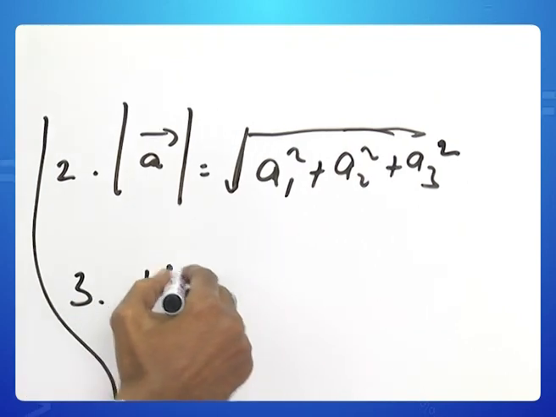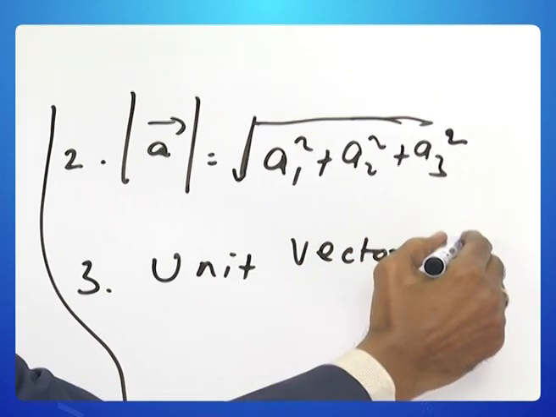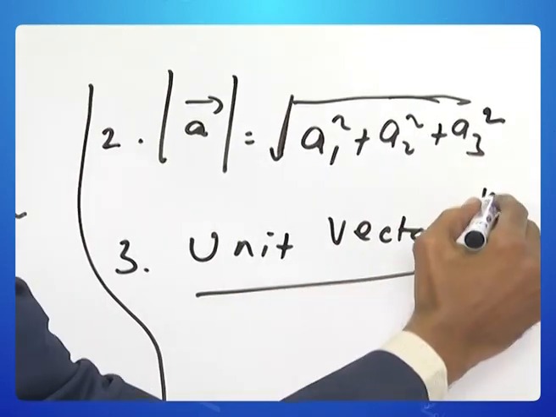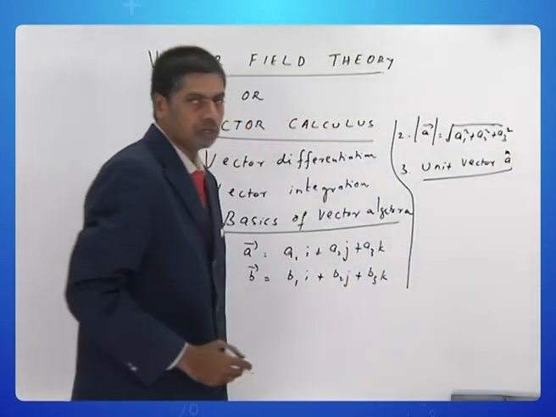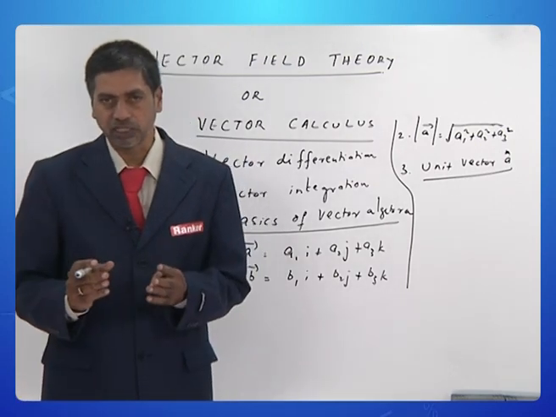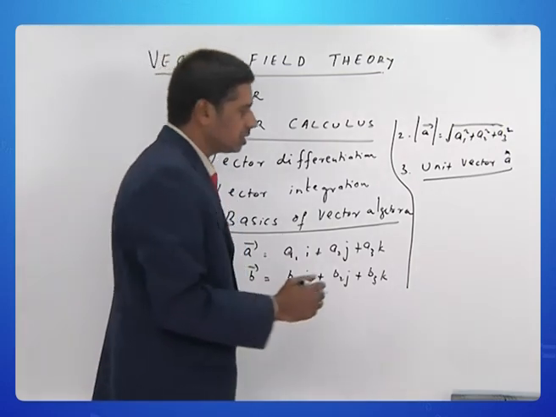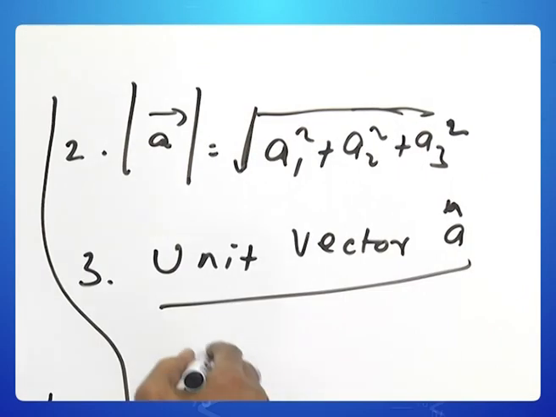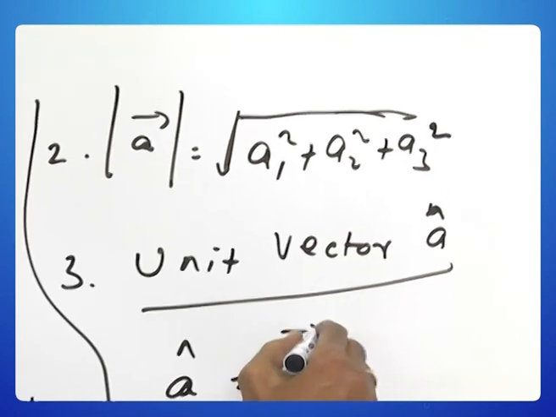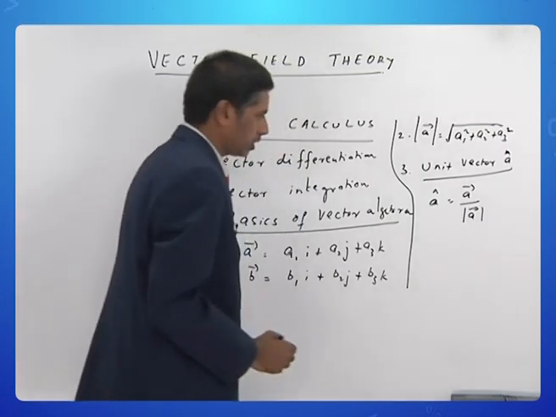The third is the unit vector a cap. The unit vector a cap is nothing but the vector A itself, but whose length is adjusted to 1 unit. Obviously, there is no change in the direction. So if you divide the vector A by its own magnitude, then that denotes the unit vector.